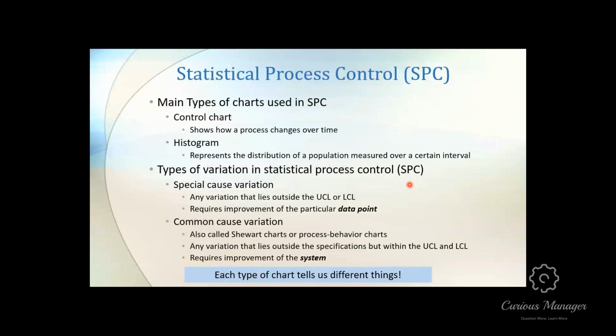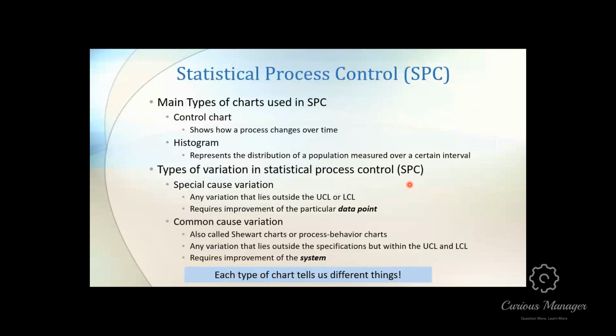Common cause variation is one that is more familiar to everybody. Common cause variation is any variation that lies outside the specifications but within the upper control limit and lower control limit. So basically, any points that are outside of the specification limits. I'm going to show you a picture of that in a minute, but it's still within the system control limits.